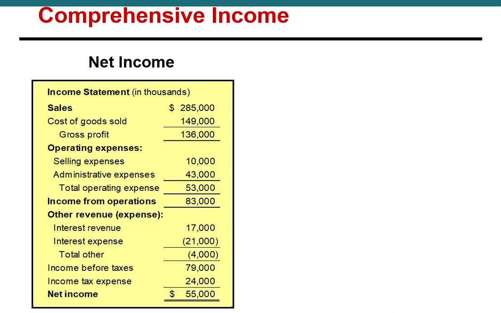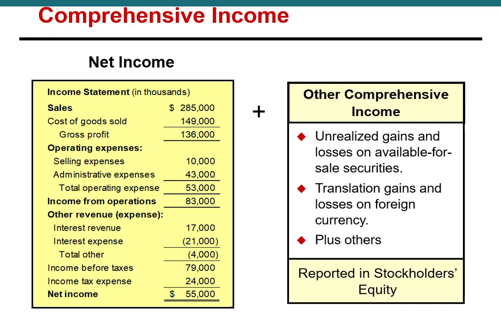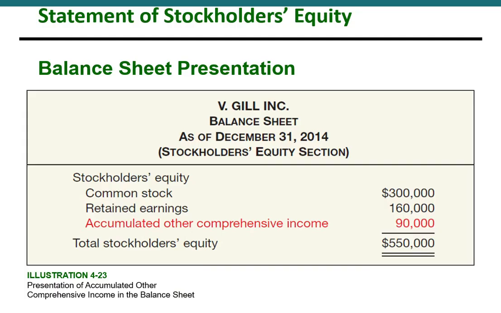Here's a typical income statement: operating profit, other revenues and expenses, and net income. Then, if we have those unrealized gains and losses on securities that we've classified as available for sale, we stick them in other comprehensive income along with translation gains and losses on foreign currency and some other items, and we report them directly in the stockholders' equity section. So there we have it.